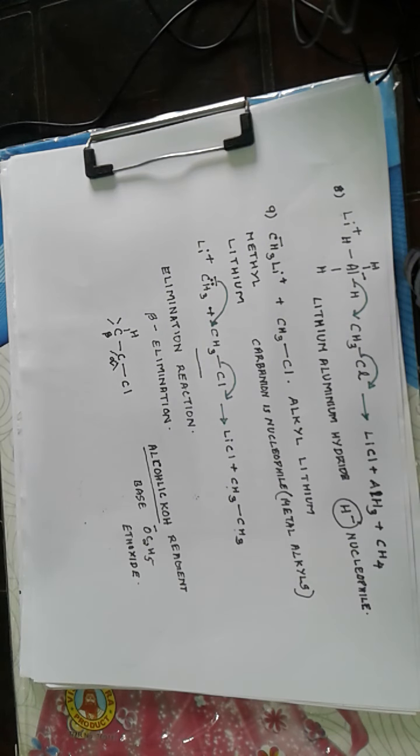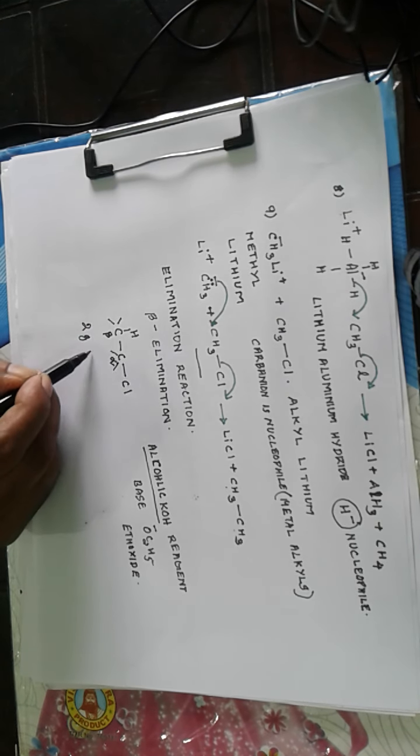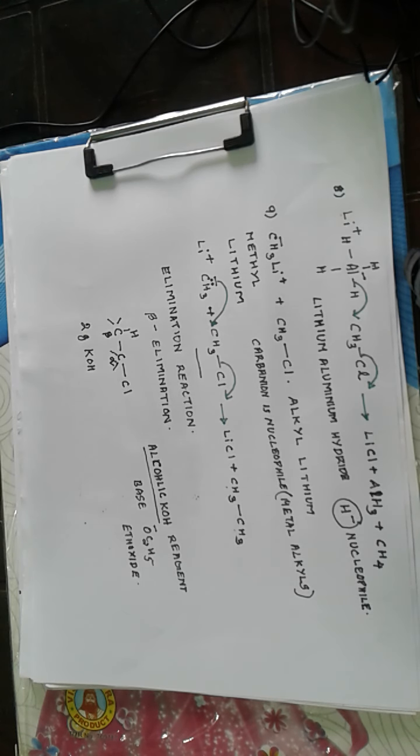Now a brief method of preparation of alcoholic KOH: you take 2 gram solid KOH. It is obtained as pellets, in the form of buttons.